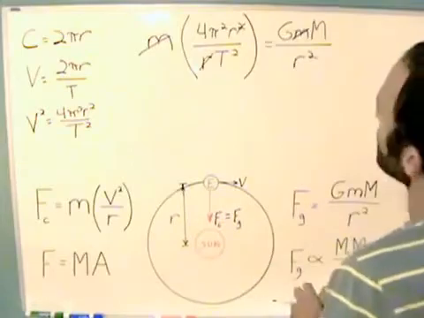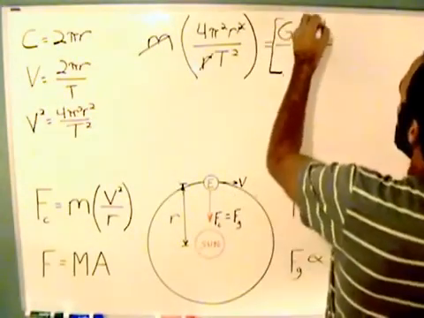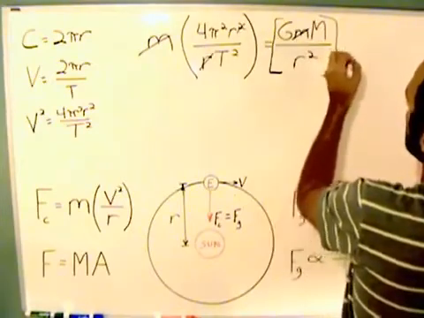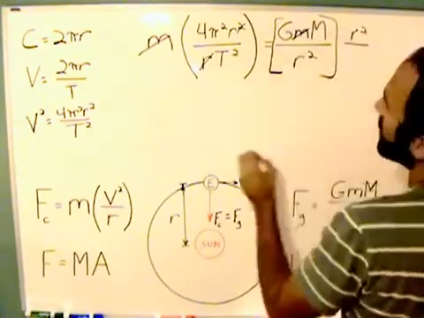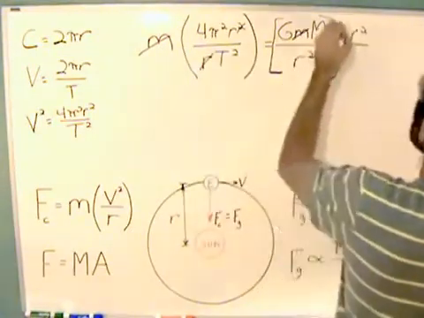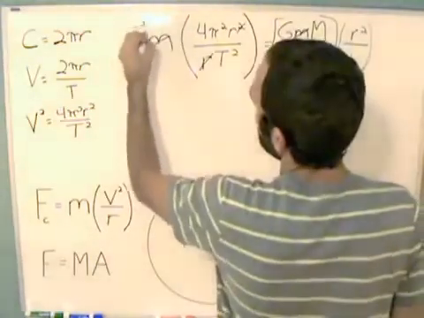So to get r by itself, we multiply this side times r squared, just r squared over 1, and this side times r squared over 1.